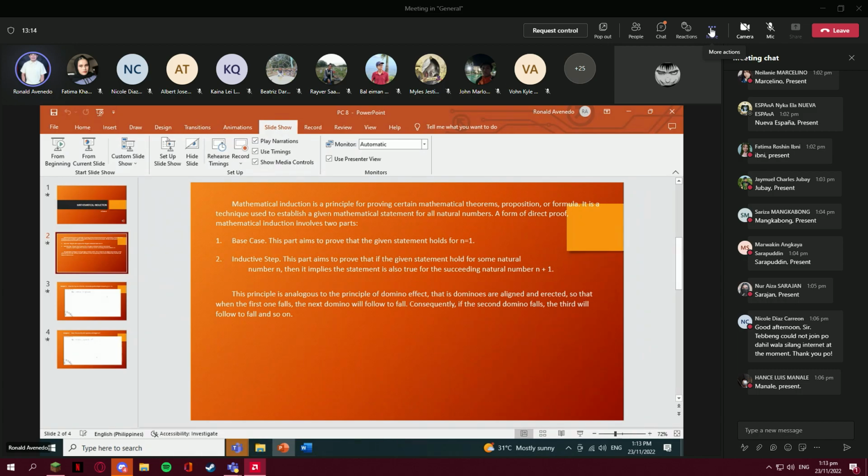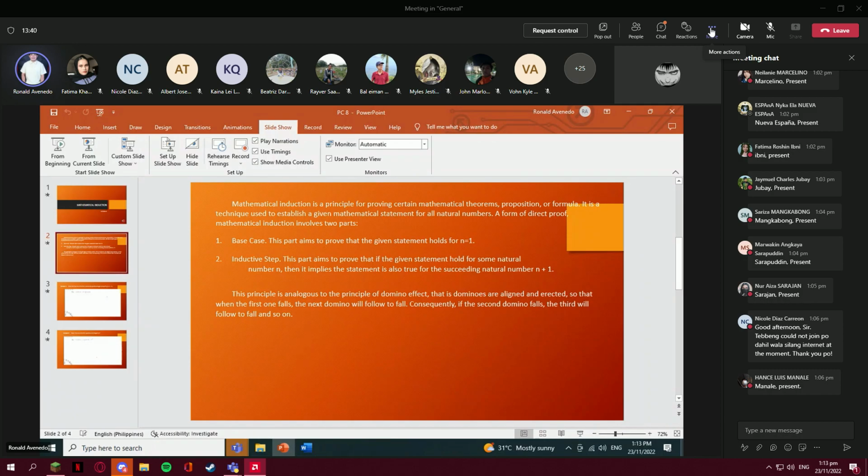And if in the second part it would still hold to be true, then we can consider that statement to be true. But if in the base case alone, for example, n equals 1 is correct, n equals 2 is correct, but n equals 3 is wrong, then there is no need for you to proceed to the second part, the inductive step, because that would mean that the statement is already false.